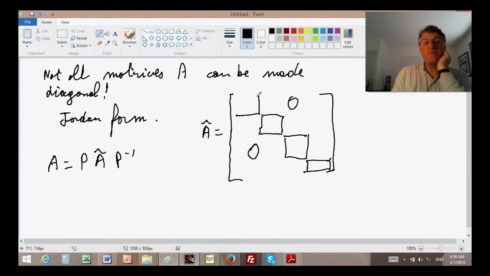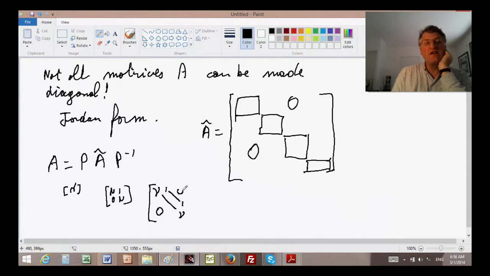There can be an arbitrary number of blocks as long as they don't grow beyond the dimension of the matrix. But inside the blocks, each block is going to be either something like that, or a number, or maybe two repeated numbers and a 1 there, or in more general form, a bunch of numbers on the diagonal, a 0 underneath, a bunch of 1s on the first diagonals, and 0s everywhere else. That is the Jordan form.